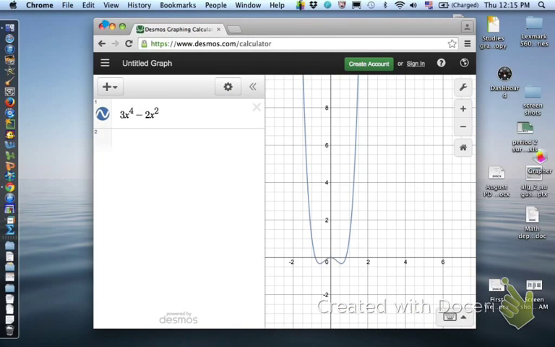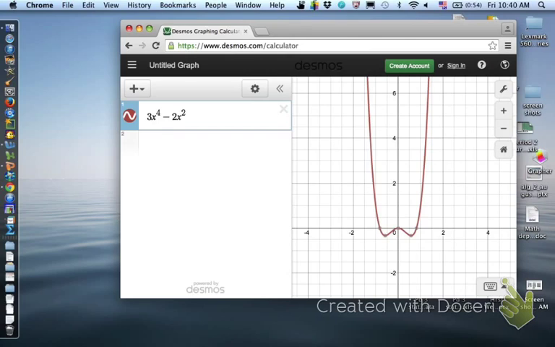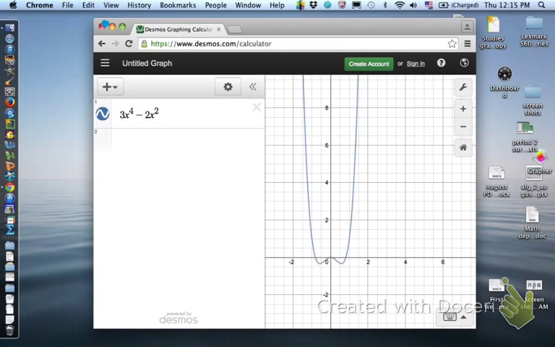All right, the next example that we're going to do, which I've managed to lose. Okay, so the next function that we're going to take a look at is y is equal to 2 over x. Now, if you think about that, what kind of function is that?